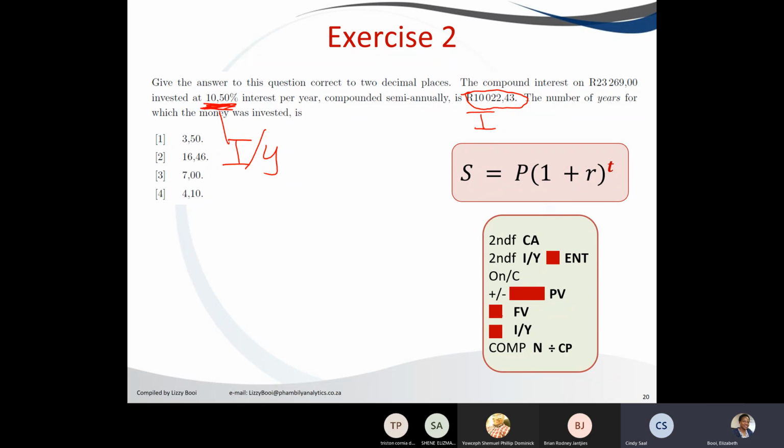Okay, let's start here. What is 23,269? That's your present value.